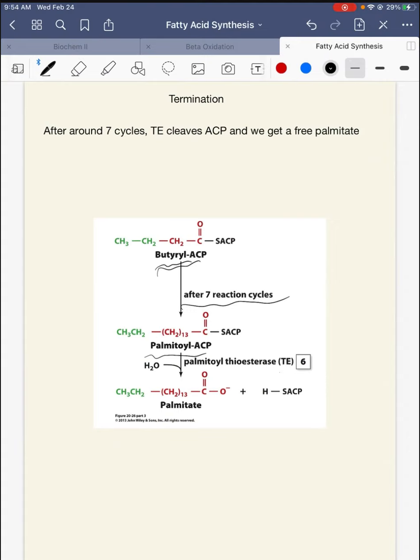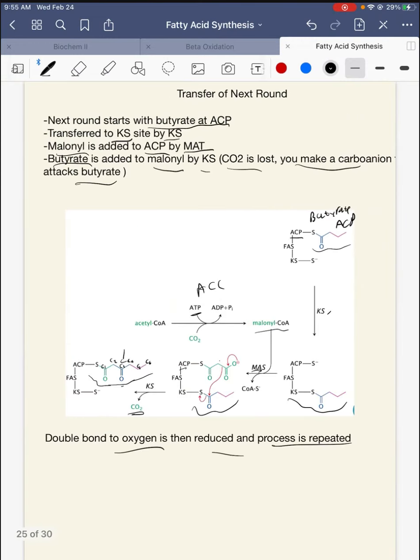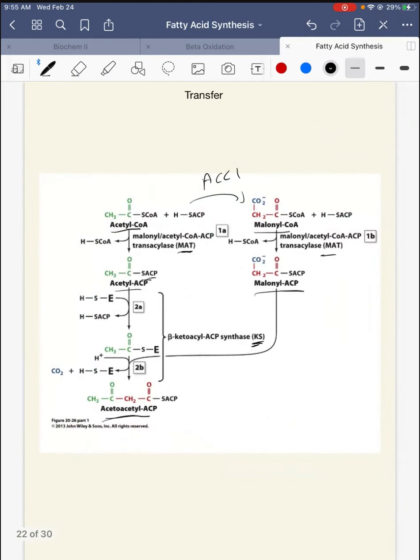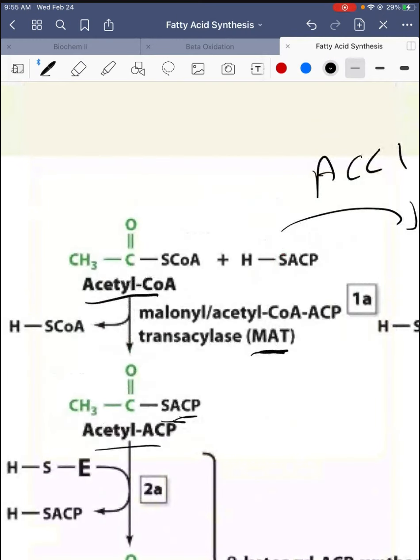We have palmitoyl thioesterase. By the way, these enzymes have different names depending on what the fatty acid is. Because this is palmitoyl ACP, palmitoyl thioesterase is the one that breaks it down. So if it was, let's go back to the beginning. MAT is called malonyl acetyl-CoA ACP transacylase, right?